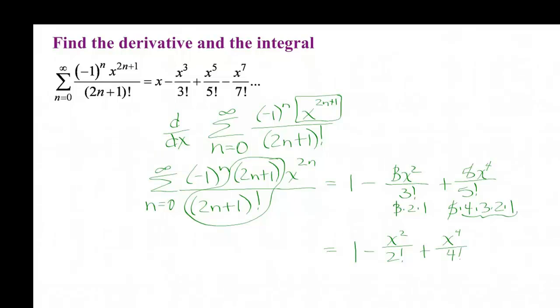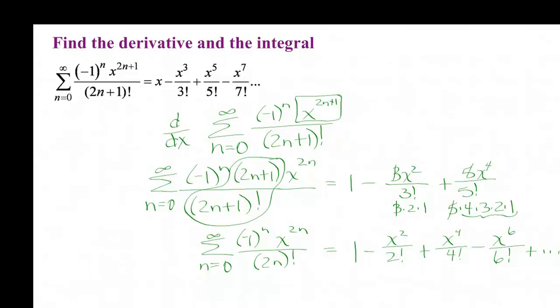And you'll see that pattern happen a lot. Here in the next term, the 7 pops down front, cancels with the 7 in 7 factorial, and leaves us 6 factorial. So this is the power series for this alternating series. And we were able to find the general term. Lots of times they'll ask you to find the general term. Thankfully, most of the time when they ask that, you're differentiating.